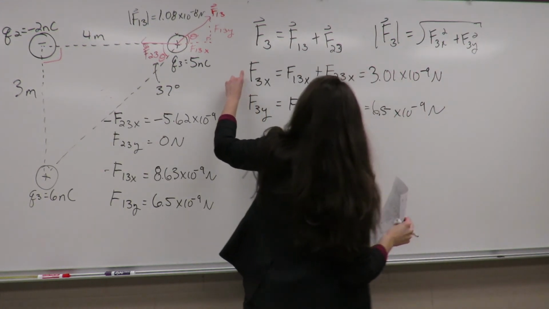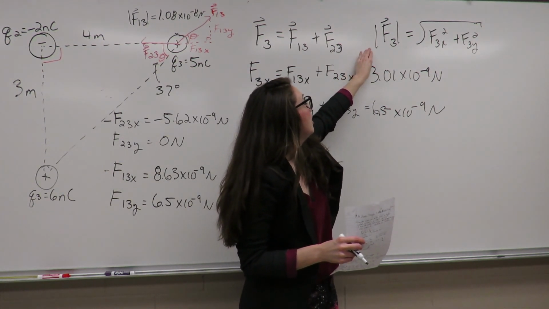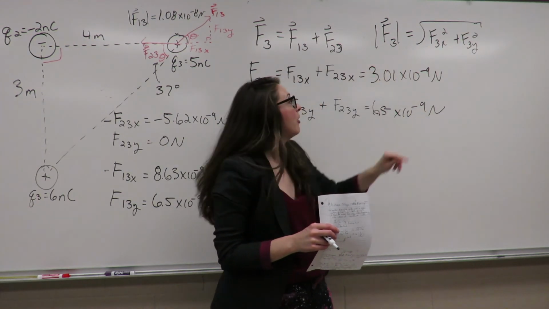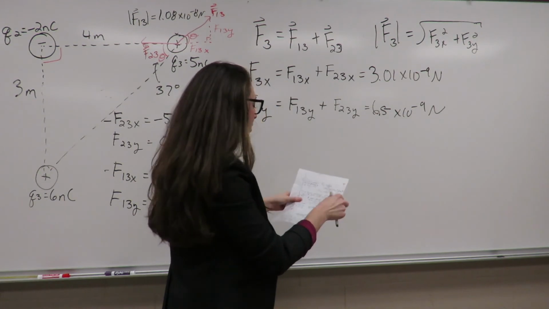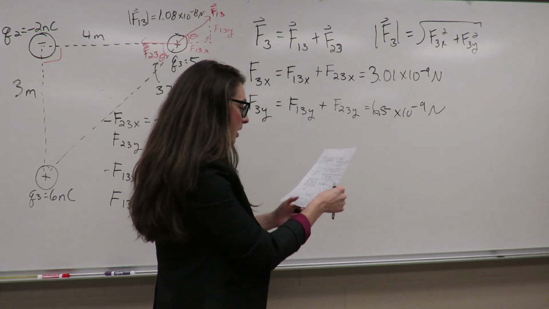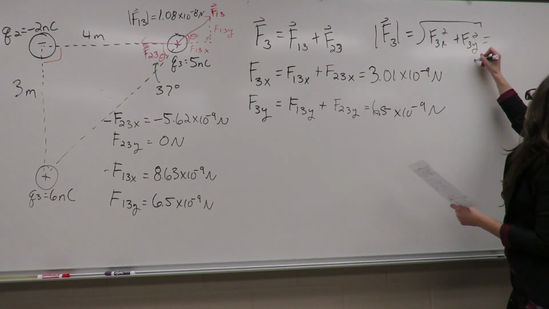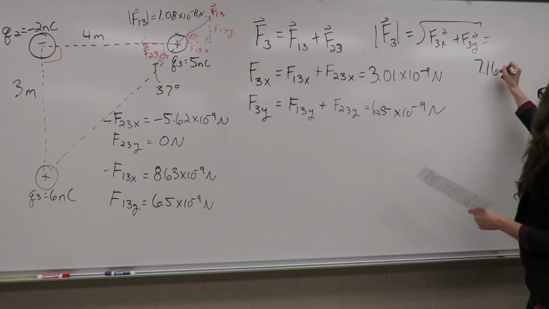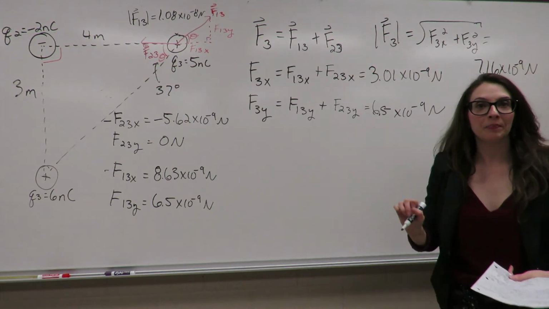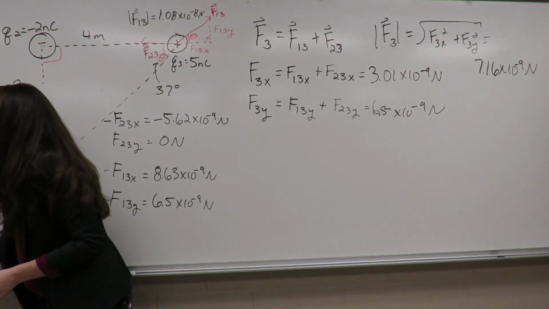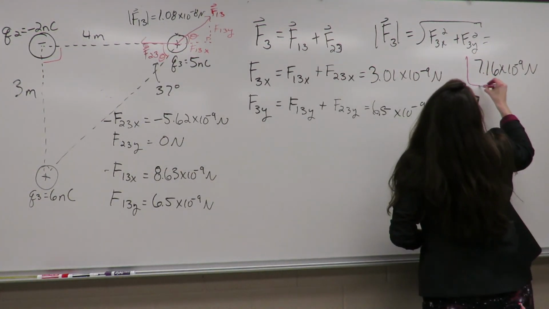So now we can take F3x and F3y and plug them in here to our equation for the magnitude of F3, and whenever we do that, we get that the magnitude of F3 is equal to 7.16 times 10 to the minus 9 newtons. And I'm going to go ahead and put a square around that because that's our magnitude of F3.